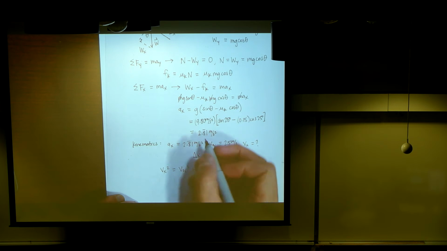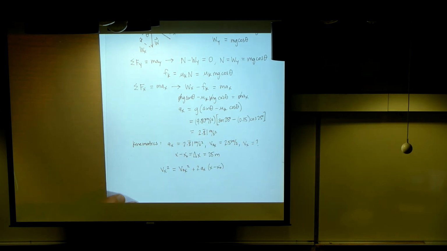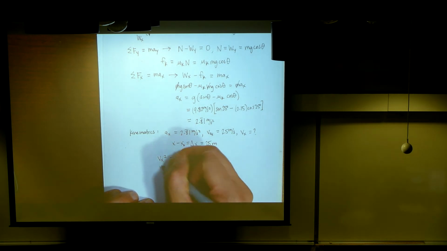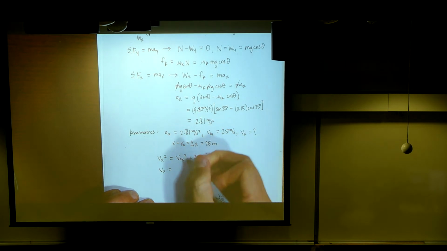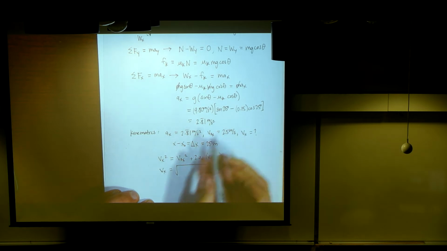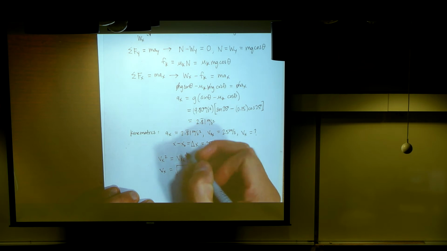And that's really what this delta x is, the final minus initial position. We're trying to solve for that final velocity, vx. To do that, we take the square root on both sides to undo the square. And now we can just plug and chug.